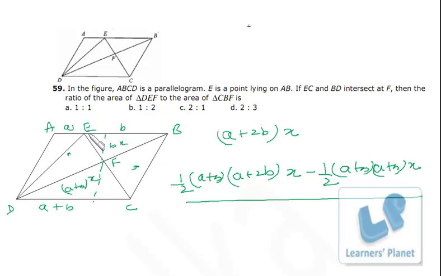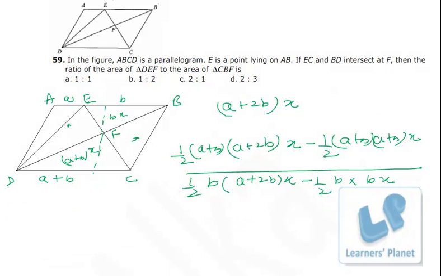Similarly we can find out the area of EFB. Here the triangle ECB area will be half B into altitude, that is A plus 2BX, minus half the area of this triangle, that is half base into altitude, that is BX. Okay, now you can take half as common and delete it. X can also be deleted.